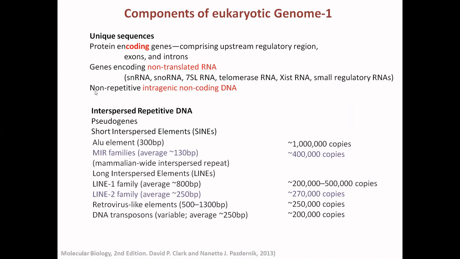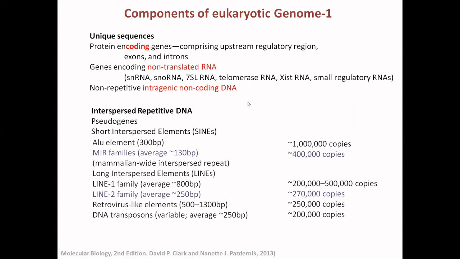Along with it, there is non-repetitive intragenic non-coding DNA. The coding DNA can be a protein-encoding portion, or a region that codes RNA, but these RNAs do not contain information of the protein sequence.